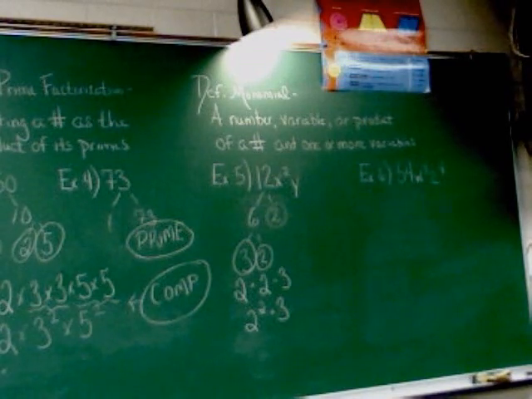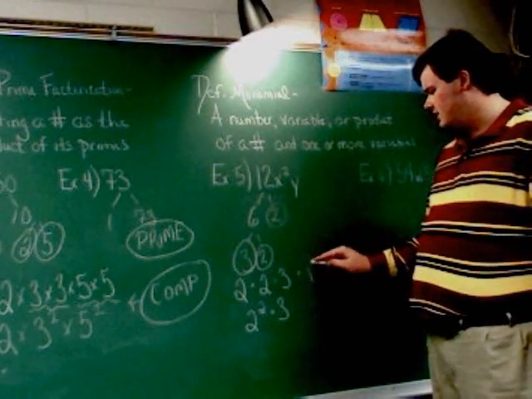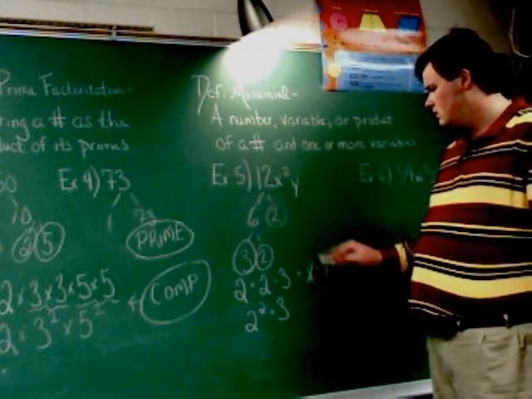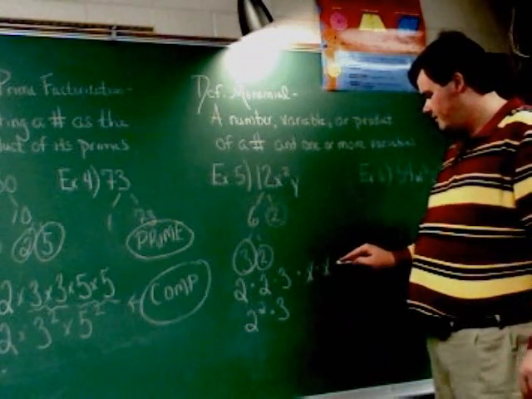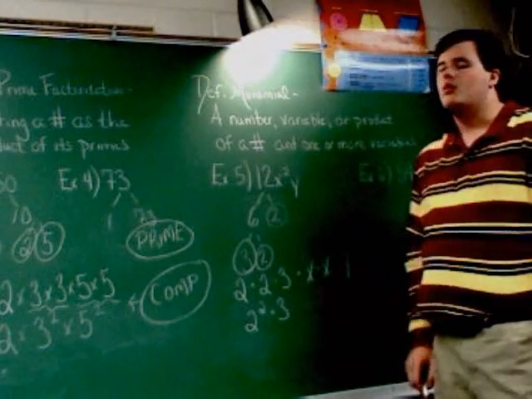It's not tricky. All you got to do is take anything that's powered and separate it. So, instead of x squared, that becomes x times x. And y is just going to stay y. And that would be the one without powers.